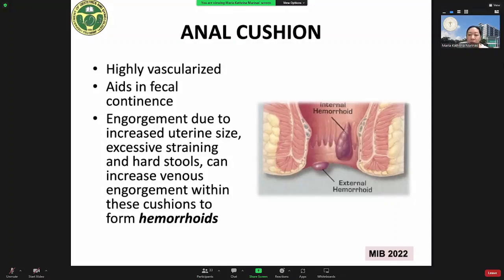These cushions then protrude into and downward to the anal canal, which leads to venous engorgement within the cushions, and these are what we call hemorrhoids. Venous stasis results in inflammation, erosion of the cushion's cuboidal epithelium, and it may then cause bleeding.